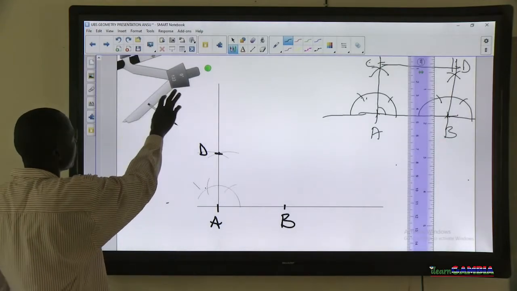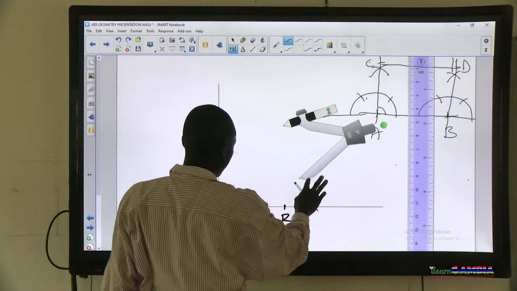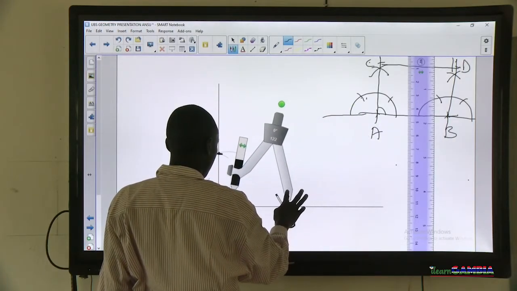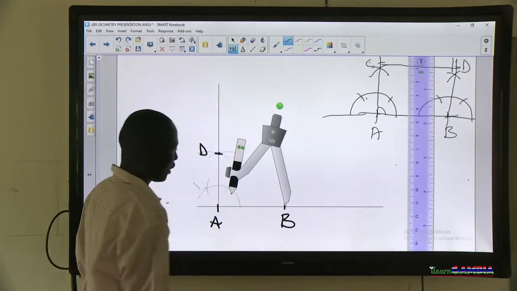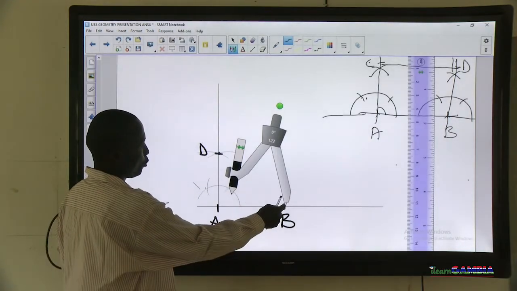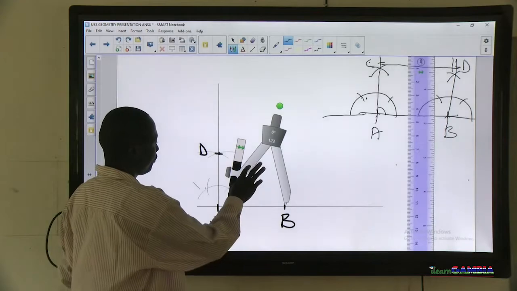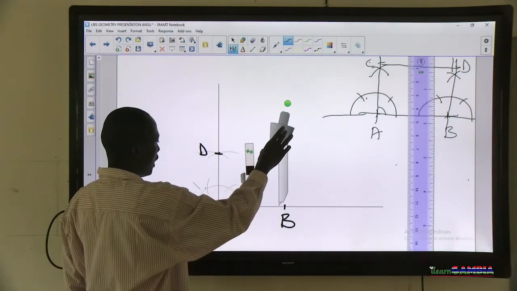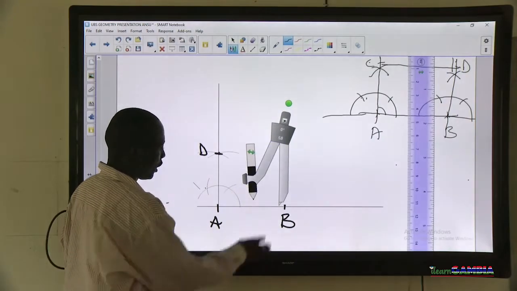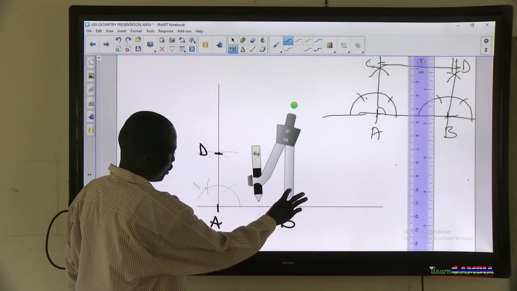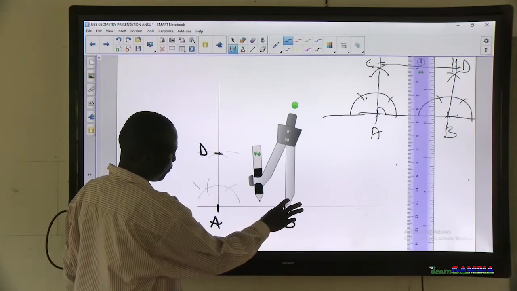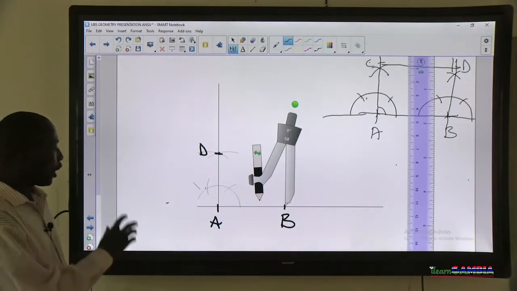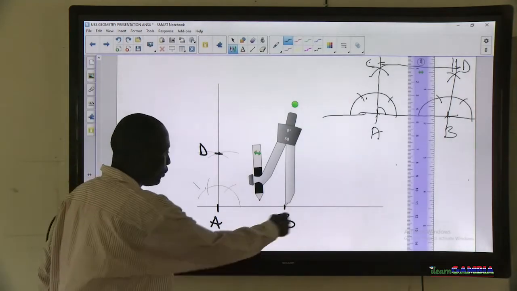Take our compass. You put the compass point at B, open to a convenient radius, exactly at B. Good. Then draw arcs on the AB line.